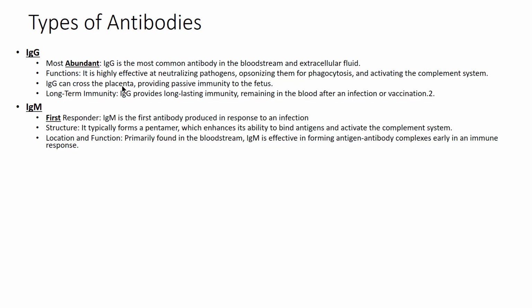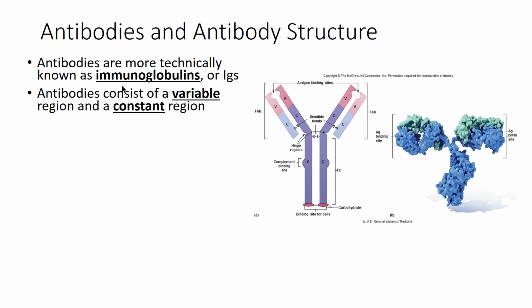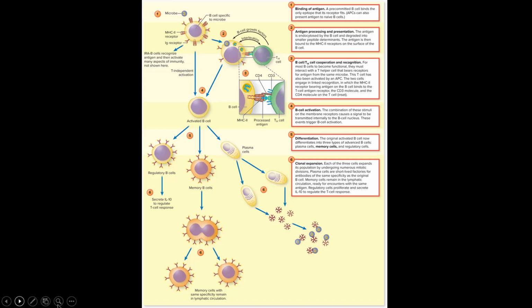IgM is the first one produced by plasma B cells, and it also has a more complex shape. It ends up having what's called a pentamer shape. I'm just going to go back to a previous figure real quickly to give you an idea of where you can review this. This figure shows the activation of B cells.